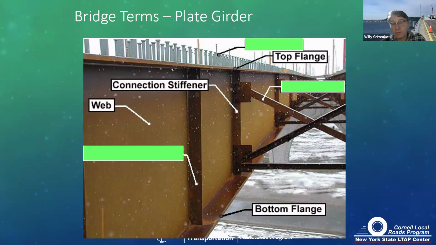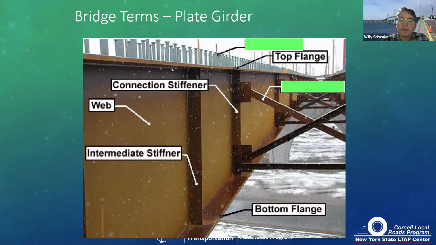We have stiffeners periodically, and this particular one, because it's connecting the cross frame or diaphragm or K-brace, depending on what your local terminology is, that's a connection stiffener. And the other one that has nothing connected to it is an intermediate stiffener. And very often there will be stiffeners over top of the bearings, and those would be bearing stiffeners.